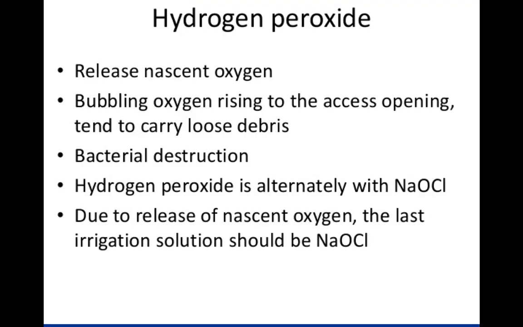Hydrogen peroxide releases nascent oxygen. Bubbling oxygen rising to the access opening tends to carry loose debris. Bacterial destruction. Hydrogen peroxide is used alternately with sodium hypochlorite. Due to the release of nascent oxygen, the last irrigation solution should be sodium hypochlorite.